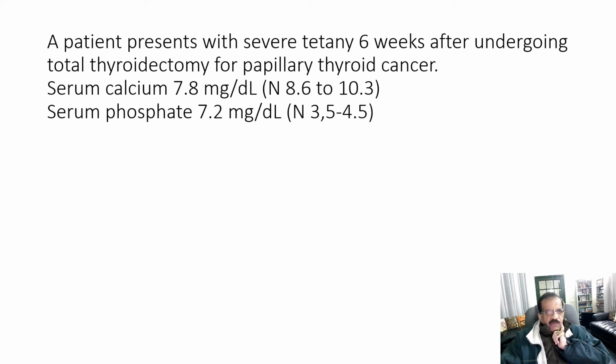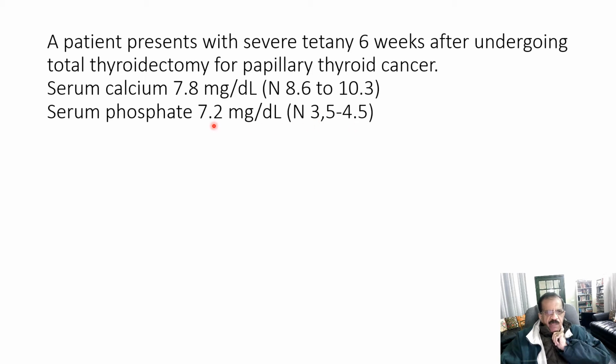Another case scenario: a patient presents with severe tetany 6 weeks after undergoing total thyroidectomy for papillary thyroid cancer. Now his serum calcium is 7.8 milligram per deciliter, and we have already shown the normal range, and serum phosphate is 7.2 milligram per deciliter, and the range is 3.5 to 4.5.